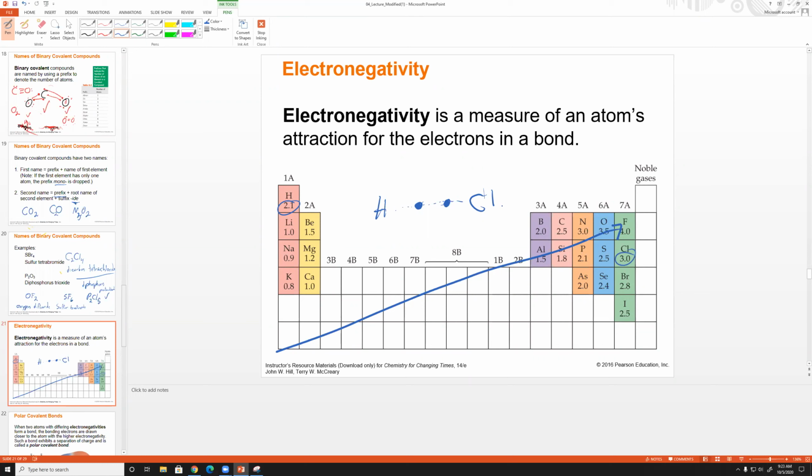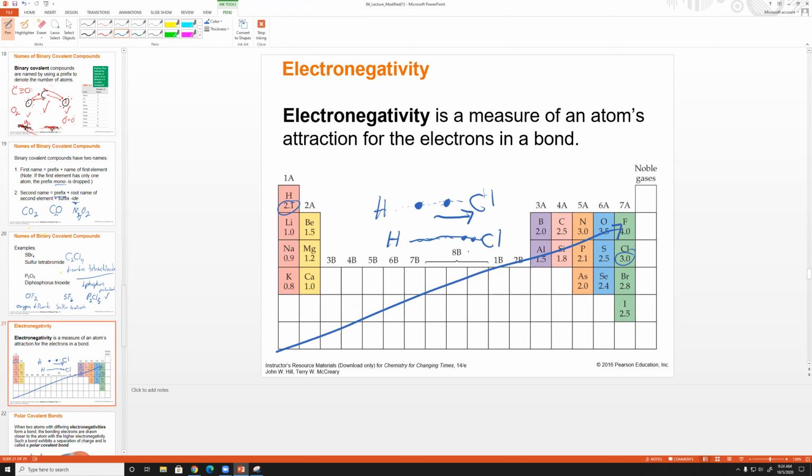This means that the atom with the most electronegativity will pull the electrons more towards itself because it likes them more. So in reality, this covalent bond looks like this. All the electrons in the covalent bond are very close to chlorine.